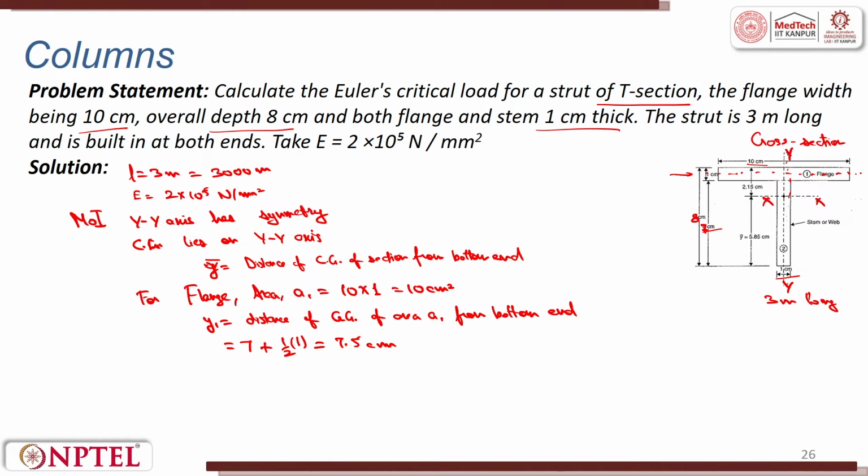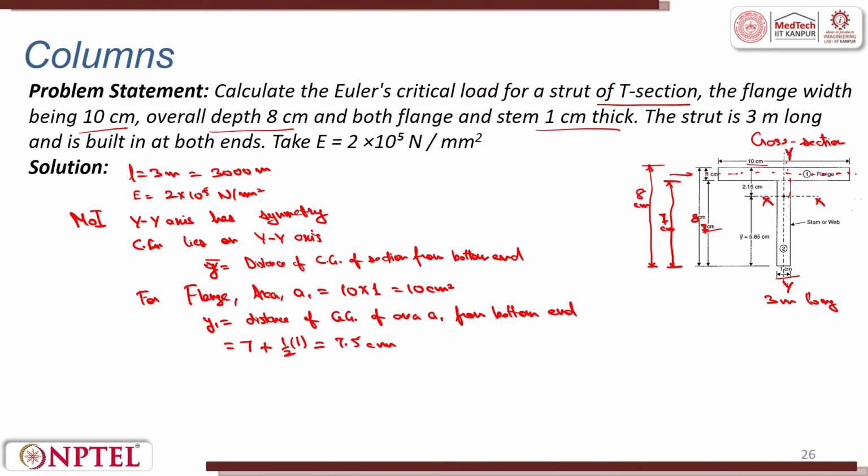This is the plane on flange. This value is 7 centimeters and the total value is 8 centimeters. So in between 8 and 7, at the mid of 8 and 7, the CG lies.